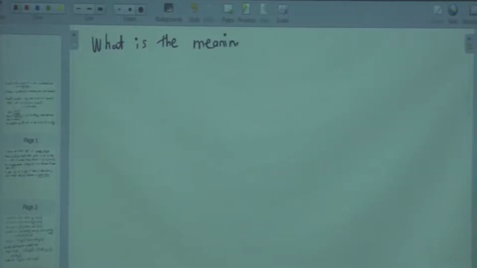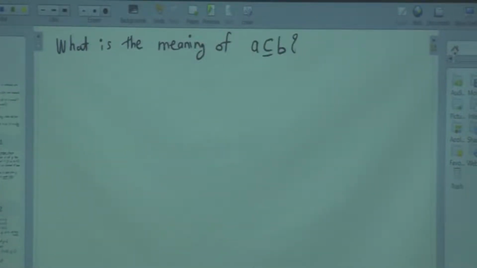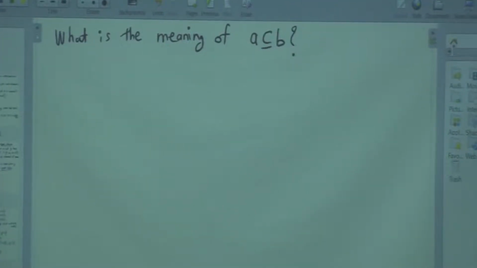So when do we say? Yeah, so the question is, what is the meaning of A subset equal B? Can you tell me? A intersection B is same as A. Okay, yes, well that's also a tutorial problem.